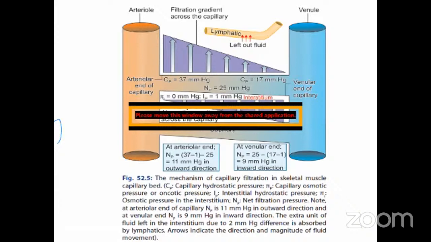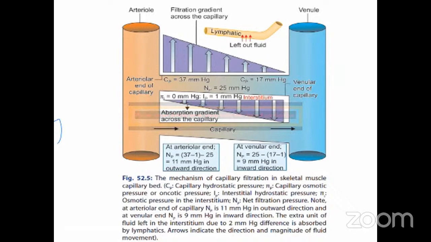The oncotic pressure is 25 mm of Hg. Interstitial fluid pressure is very low, 1 mm of Hg. Interstitial oncotic pressure is negligible, 0 mm of Hg. Absorption occurs because of the oncotic pressure.